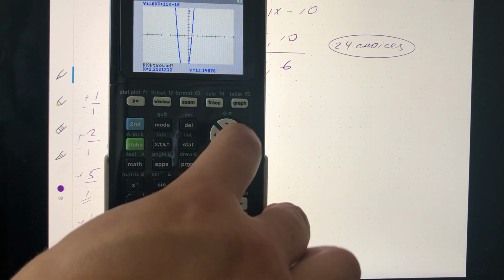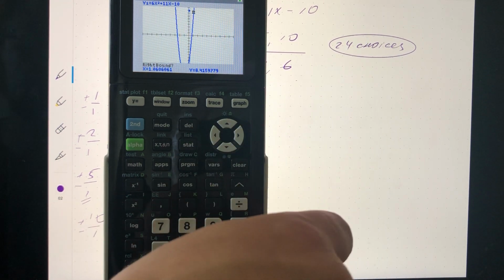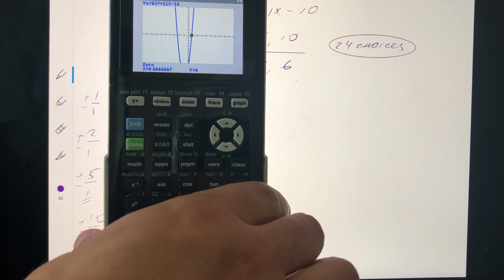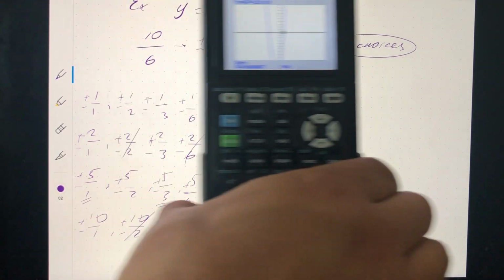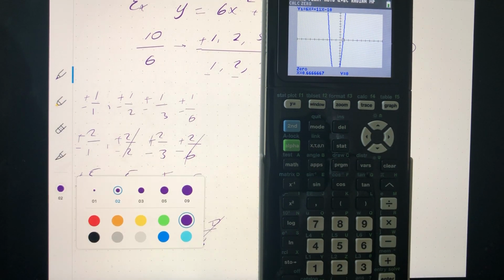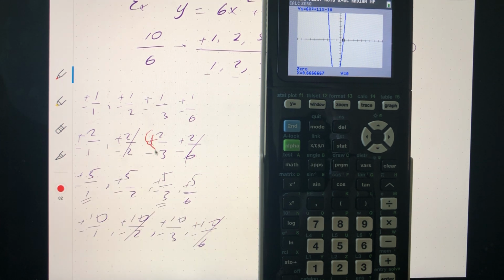Go to the right side, move somewhere to the left, and then guess in between. It says 0.666. Well, that's 2/3. So the calculator says that 2/3 is a very good guess, positive 2/3.